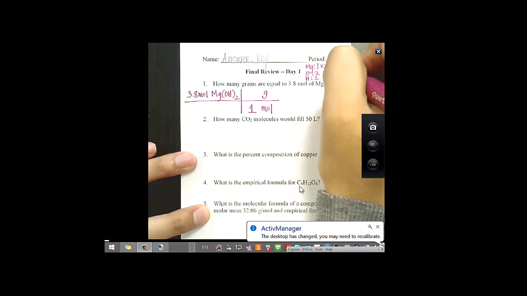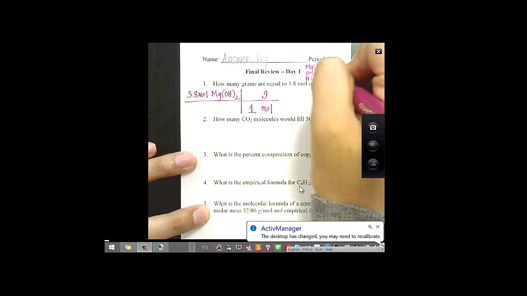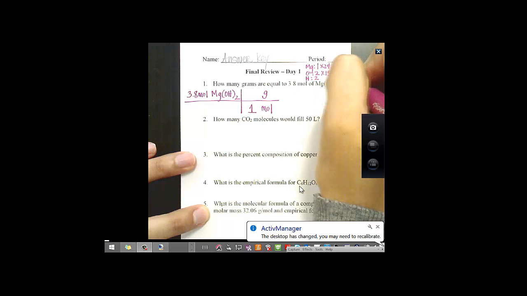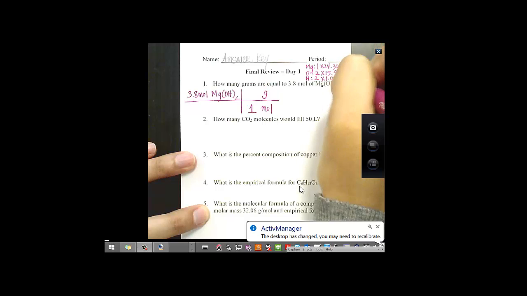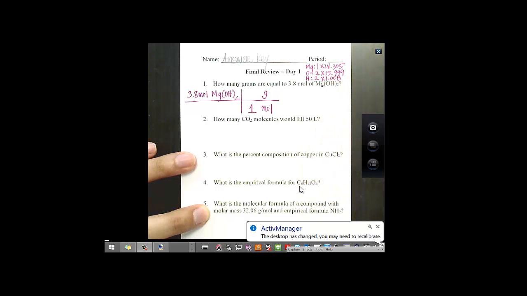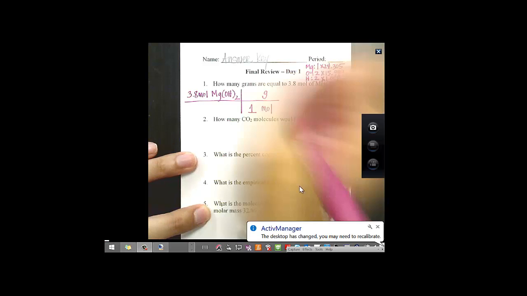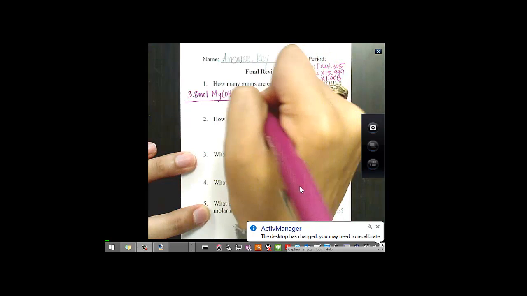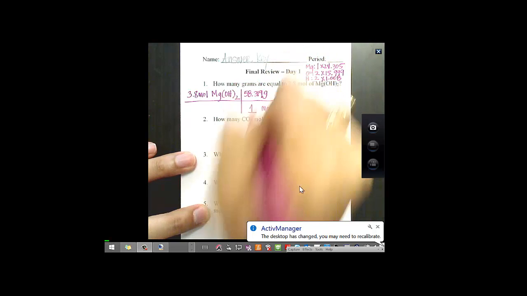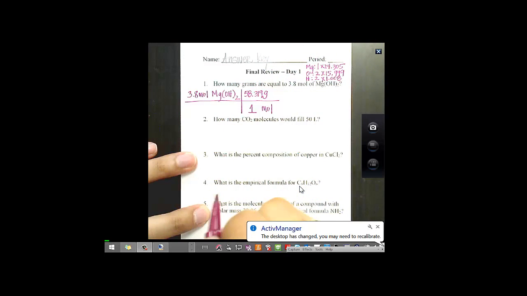So we multiply times the mass of each one. And we would add them all together. And you're going to get 58.319 grams. So that's what goes on the top there.